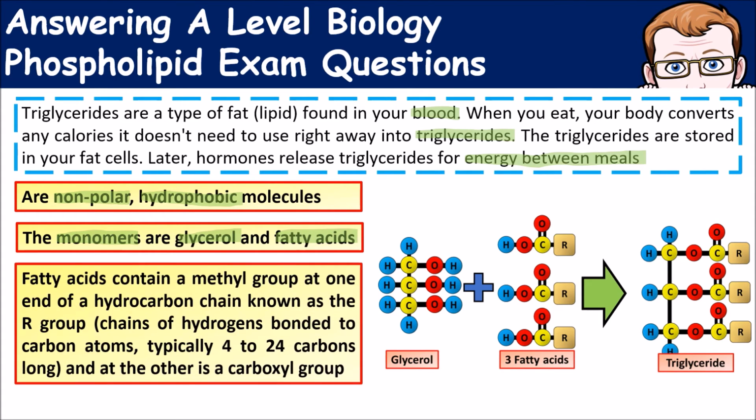Fatty acids contain a methyl group at one end and a hydrocarbon chain known as an R group at the other end. You have one glycerol molecule and 3 fatty acids, and then they bond together to form a triglyceride.